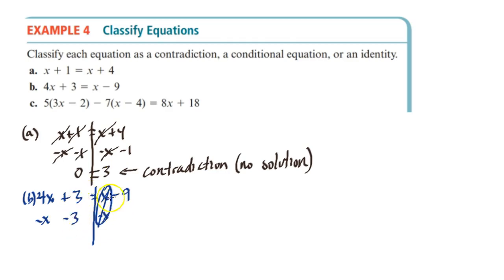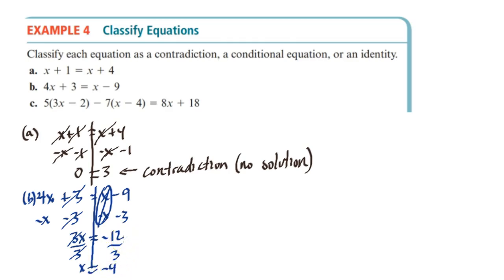So we'll subtract 3 and eliminate that. And we're left with 4x minus x is 3x. And a negative 9 minus 3 is negative 12. And now we want to divide by 3 to eliminate the coefficient. And we get x equals negative 12 divided by 3 is negative 4.